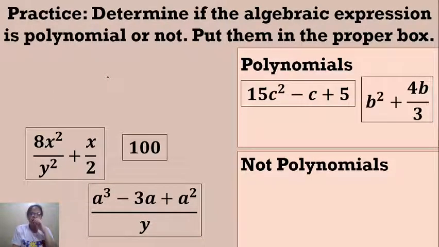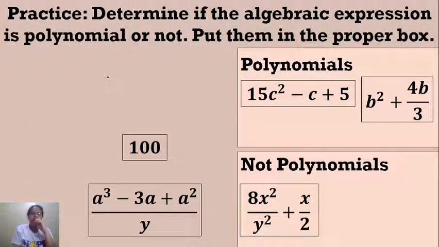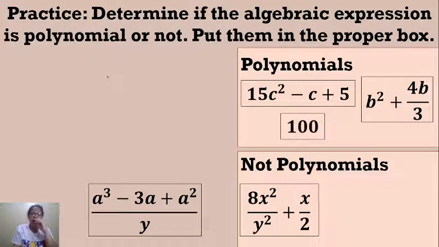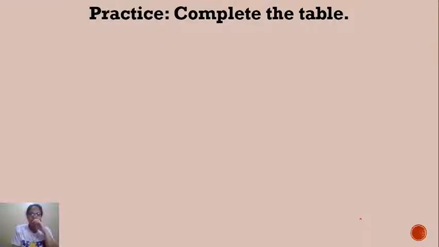It's a polynomial also. 8x squared over y squared plus x over 2, so it's not a polynomial. And 100, that's a polynomial, which is a constant polynomial. And a cubed minus 3a plus a squared all over y is a non-polynomial. Why are these two algebraic expressions not polynomials? Because of the variable in the denominator.